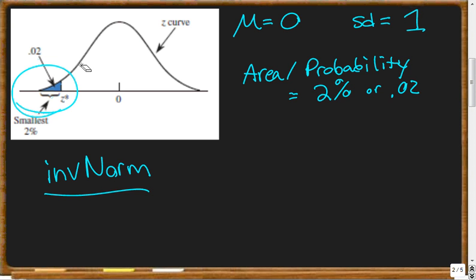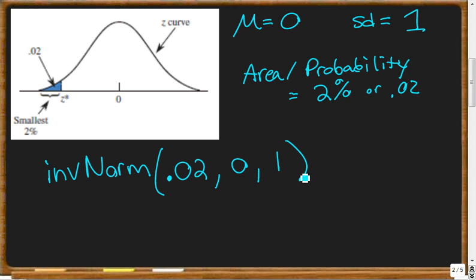So it's always left tail, so it always goes all the way to the end. Remember, with inverse norm we always type in what our area or probability is, and you're going to use 0.02. You've got to use the decimal. It should automatically choose your mean and standard deviation for you if you're using standard normal. But if you want to get into a good habit of typing in your mean and standard deviation, it is not an issue.